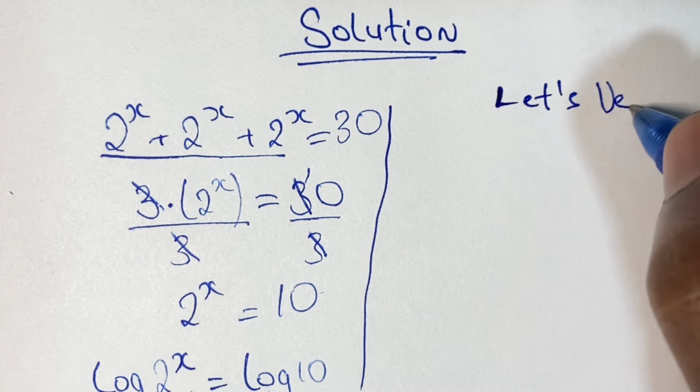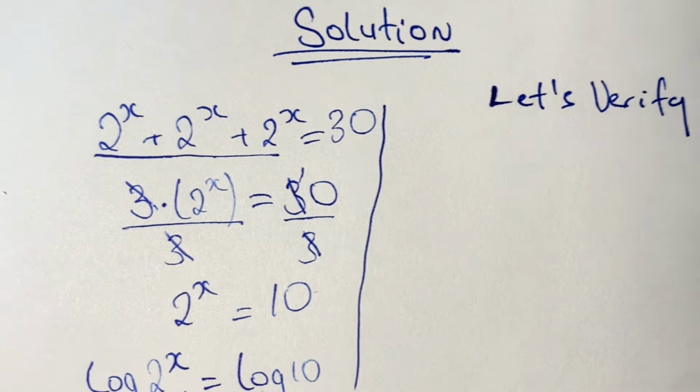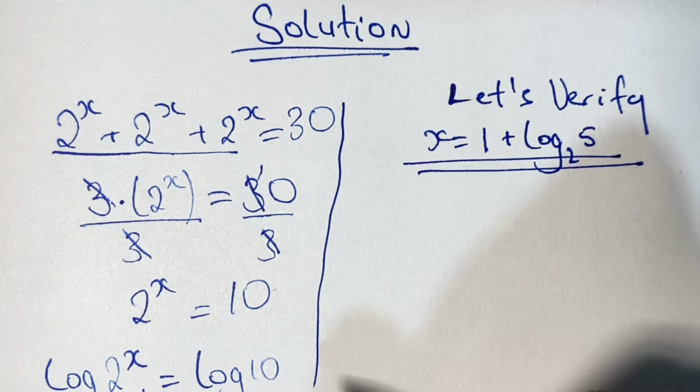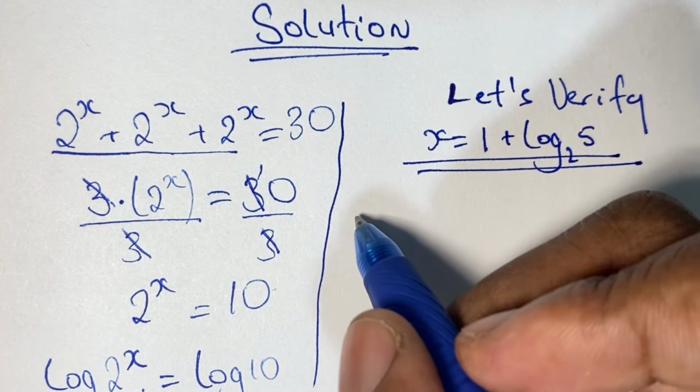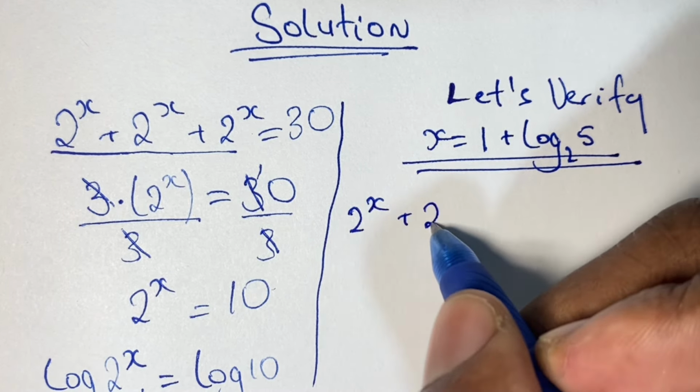Now let's go ahead and verify this solution of x. We said that x is equal to 1 plus log base 2 of 5. So we're just going to write that out, and then we're going to see how we can verify this solution. So we said that we have 2 to the power of x plus 2 to the power of x plus 2 to the power of x equals 30.